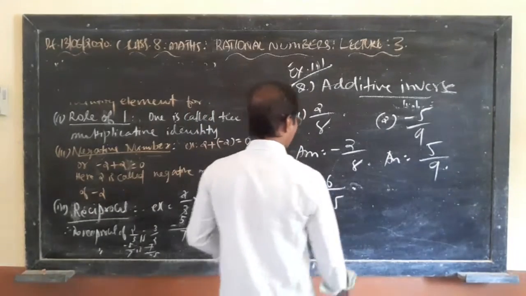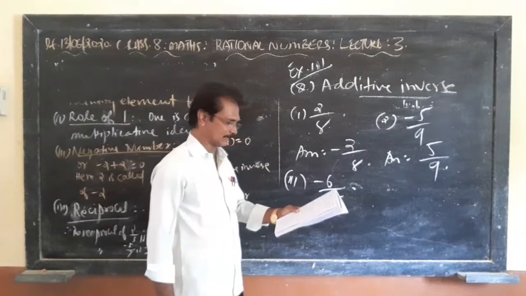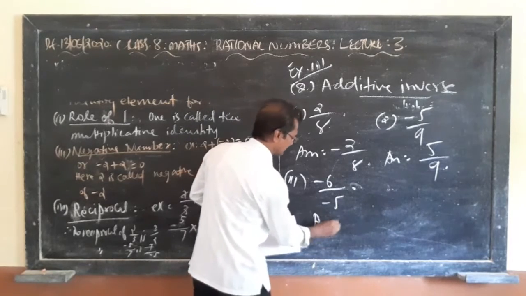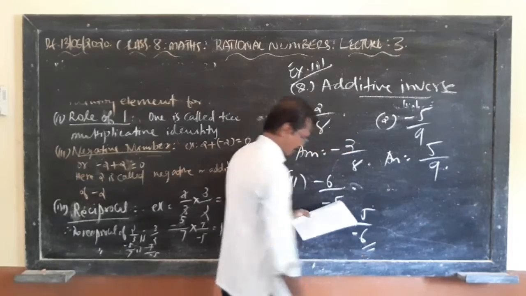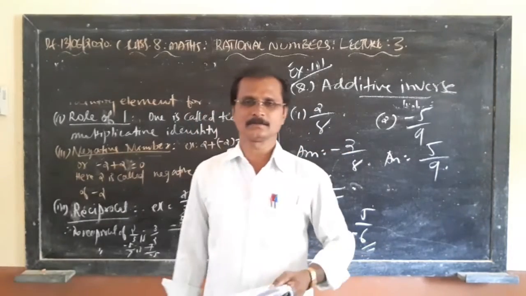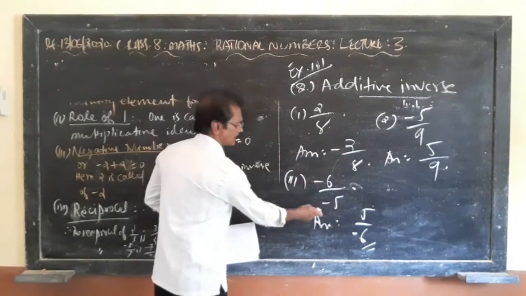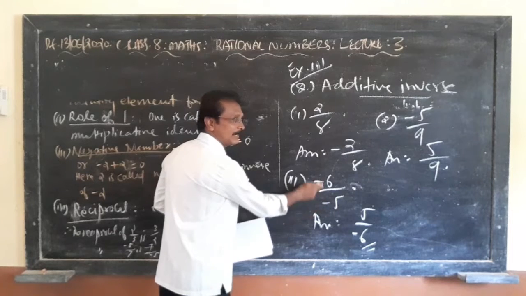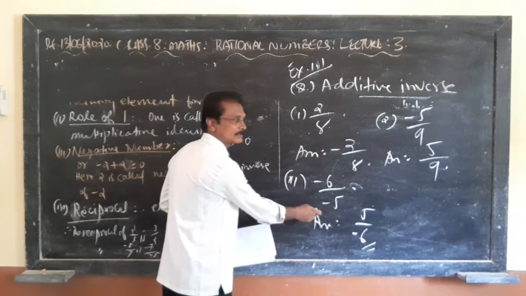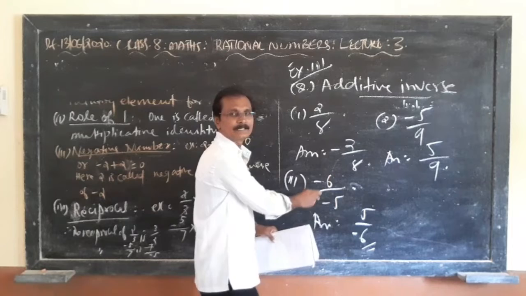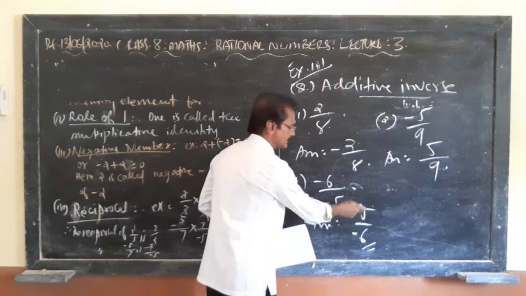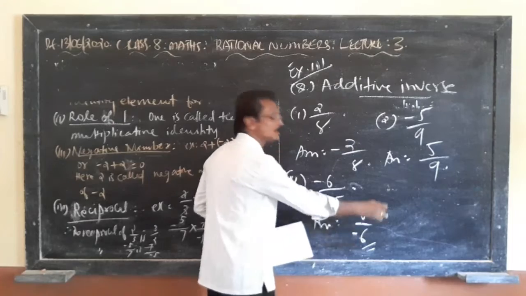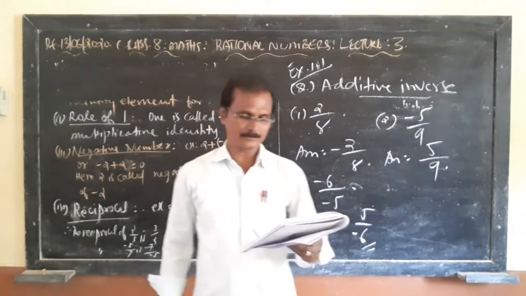Here the answer will be 5 upon minus 6. Because when you divide minus by minus, automatically it becomes a plus. So for the opposite, you need to make it minus. Either 5 will be minus or 6 will be minus. So 5 upon minus 6.